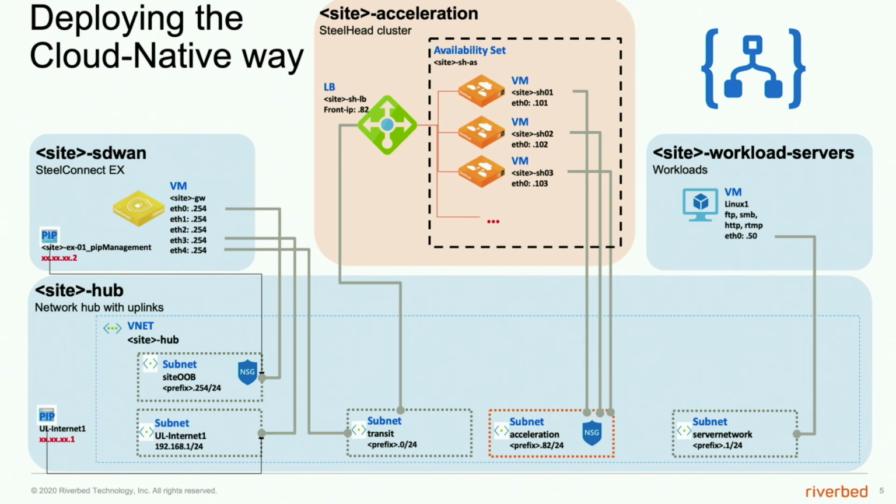So the pointers, the next hops, are called UDRs. So we create some rules on Azure or AWS for that matter to redirect the traffic to our acceleration stack, which is load balanced using native cloud load balancers like the Azure load balancer, and we can stack them as much as we want.